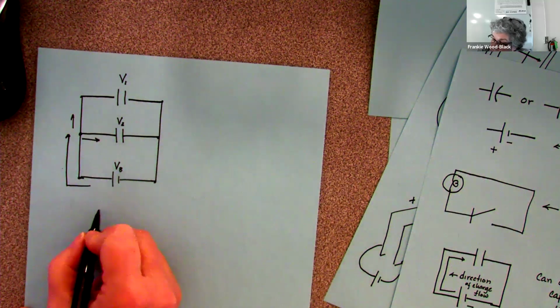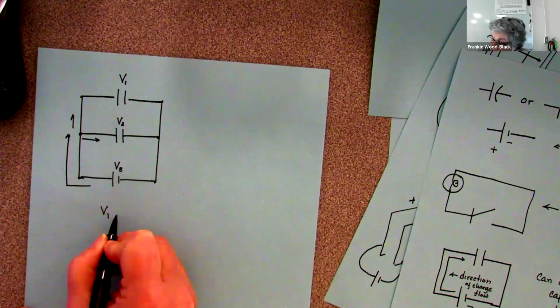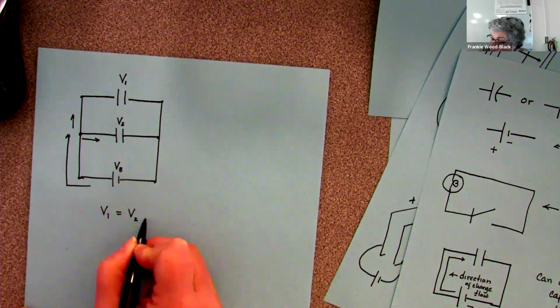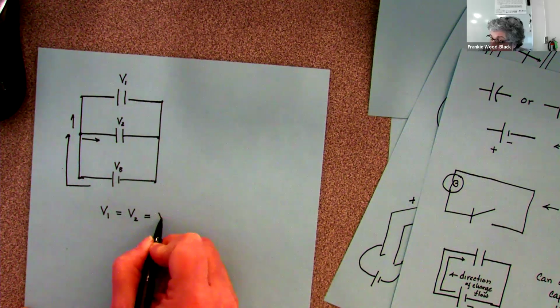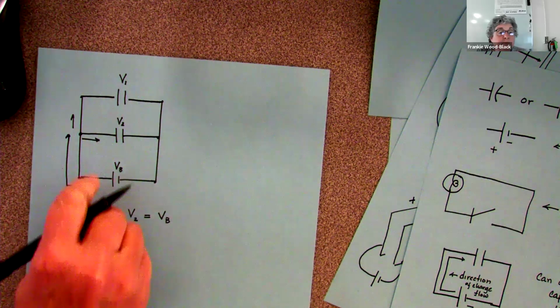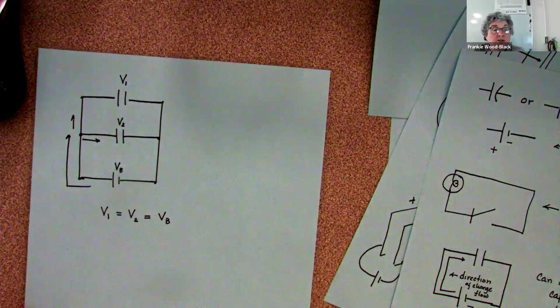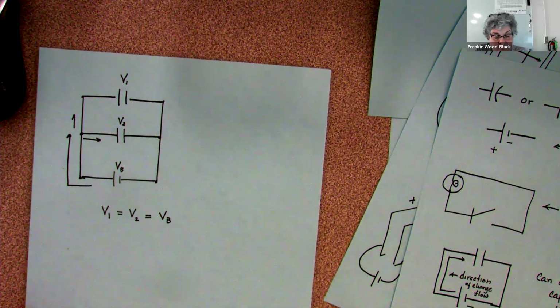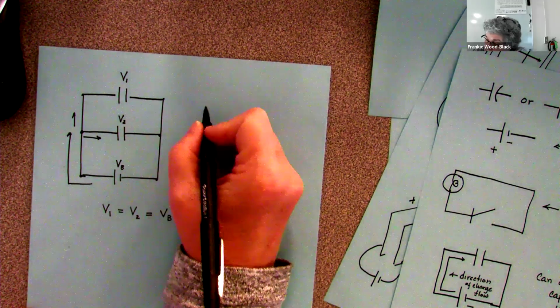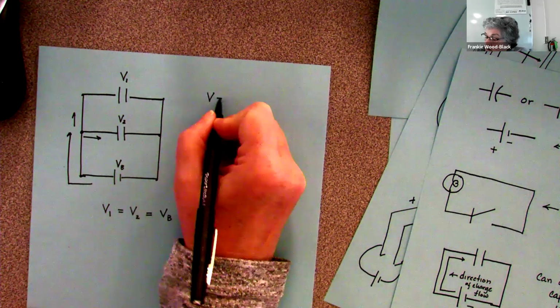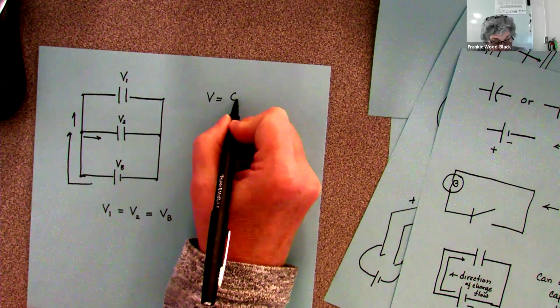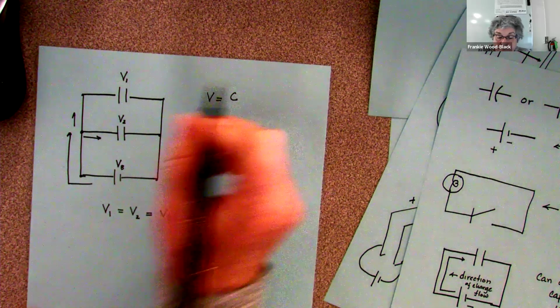The potential at 1 has got to equal the potential at 2, which has got to equal the potential of my battery. And I can prove that using a multimeter. But remember, my voltage is my capacitance.